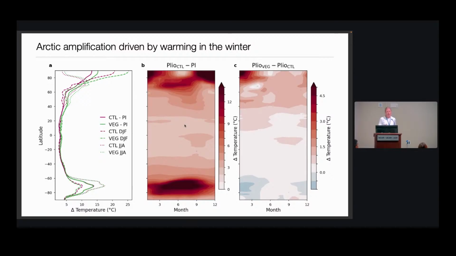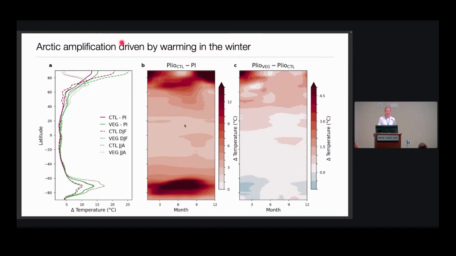Our dashed line is our winter temperature, and the dotted line is the summer temperature, and then green is the vegetation run, and pink is the control run. So you see that in the high latitudes, the biggest difference between the lines actually comes from the winter month over here.